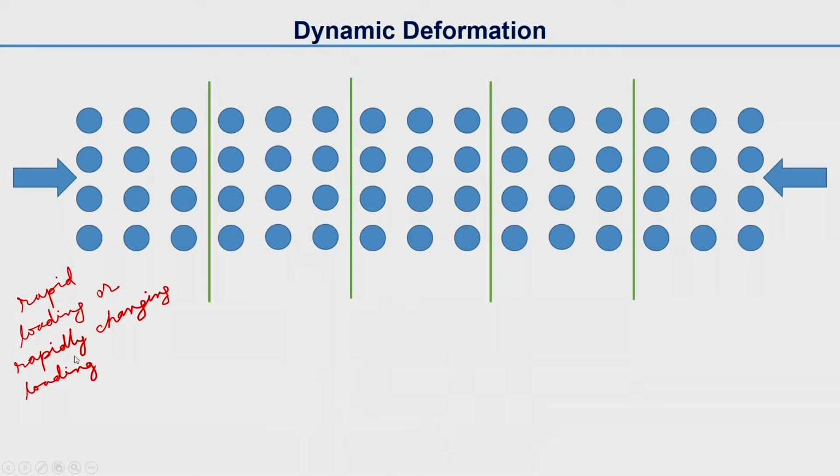If it is rapid loading, the internal stresses are not instantaneously transmitted throughout the body. These stresses from the point of disturbance don't transfer instantaneously. This point of application of the force is our source of disturbance.